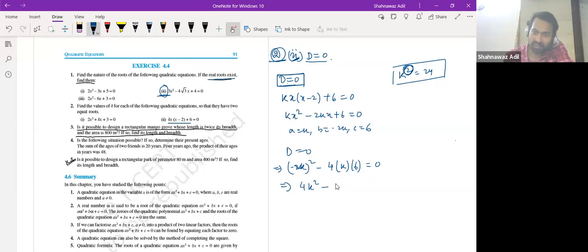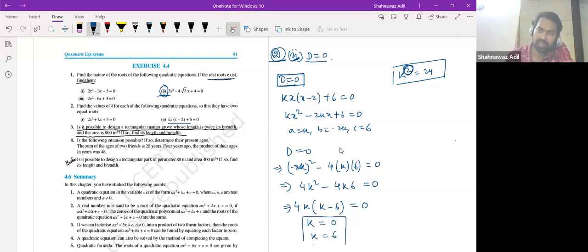So let us do this problem. 4k squared minus 24k equals 0. So 4k is common, and this is 4k(k minus 6) equal to 0. So we have two solutions, k equal to 0 and k equal to 6. But let's check this equation. If k equal to 0, then this equation is not a quadratic equation, right?